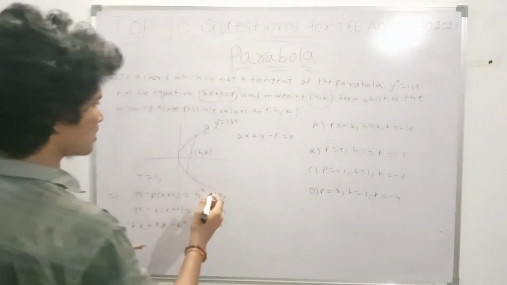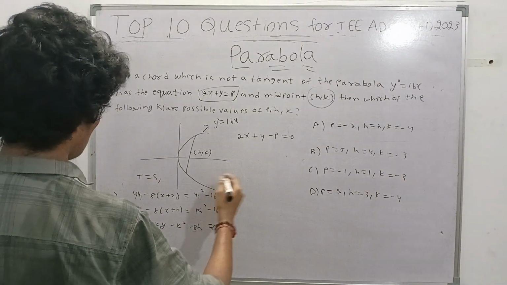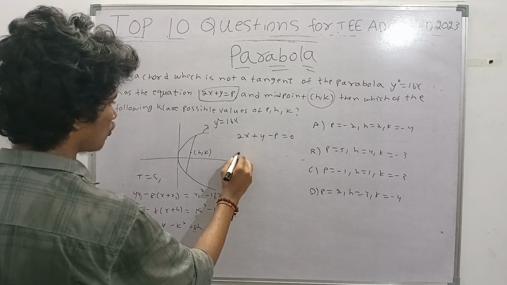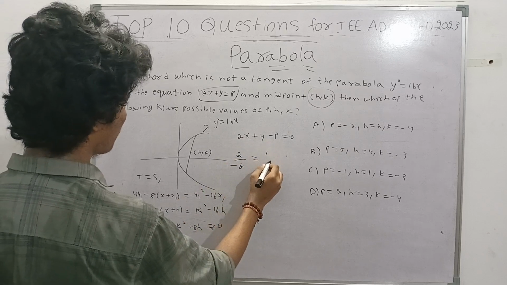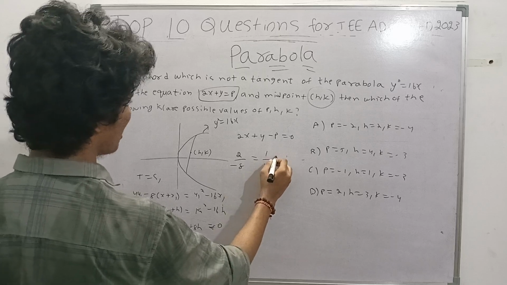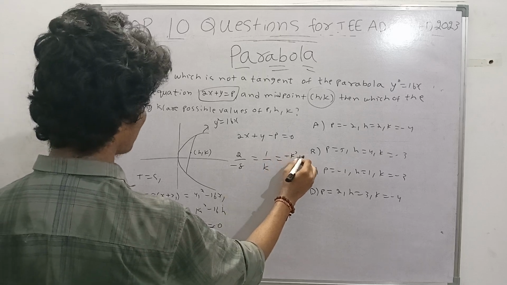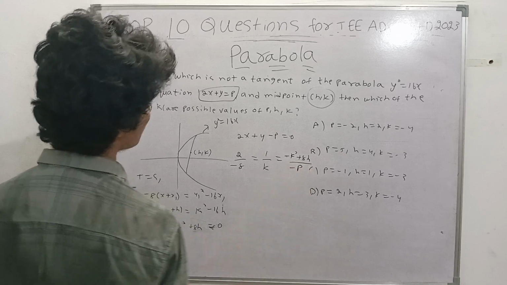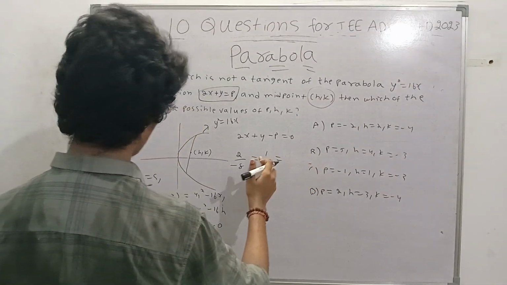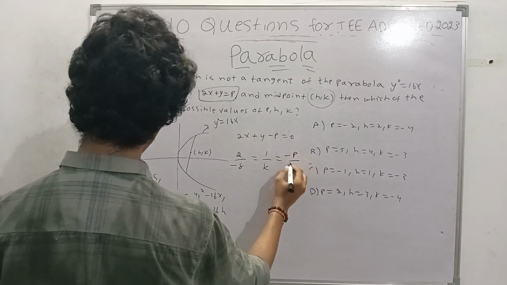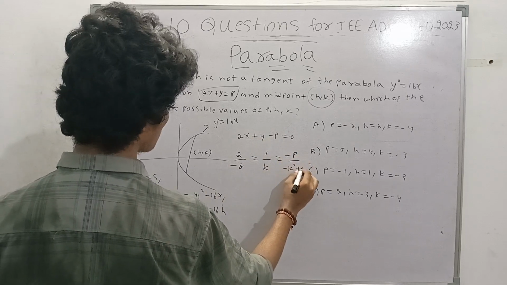Now we have to compare these two things. How is the comparison going to happen? I can compare the coefficient of x of this equation divided by the coefficient of this, and the coefficient of y, it will be 1 divided by k, and this is equal to minus k square plus 8h divided by minus p. Yes, it is correct. It will be minus p here and minus k square plus 8h here.